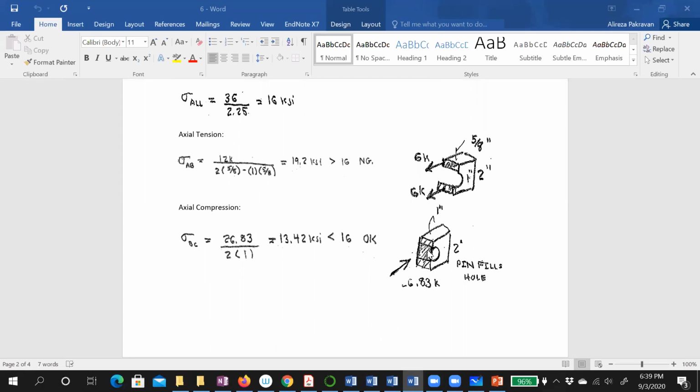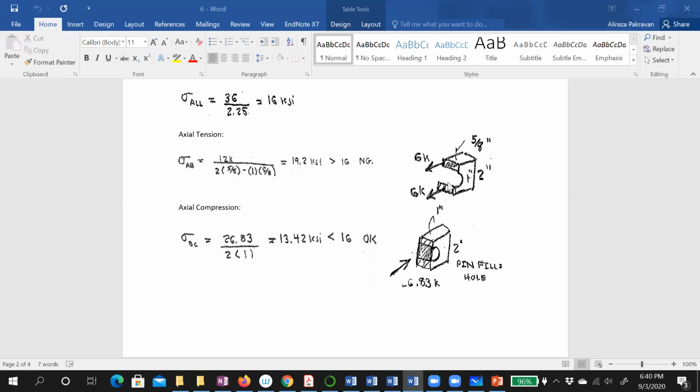Yeah, the reason is, you need to imagine we have a member and the bolt on there, right? When it's in compression, that bolt is fixed to the member. It means we have a uniform section, so we don't have the effect of the hole. But once we have tension, these pieces start to separate from the bolt, and the bolt presses on this edge, and then just these two contribute to the stress.